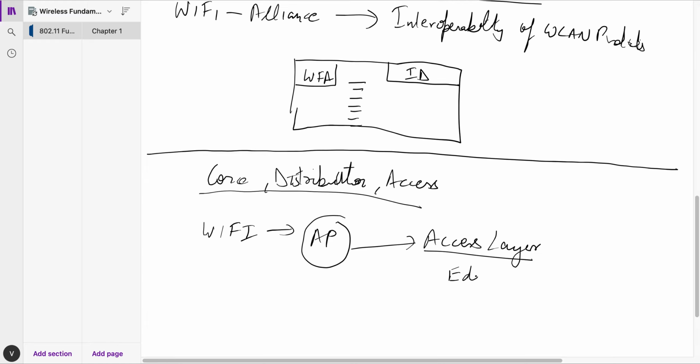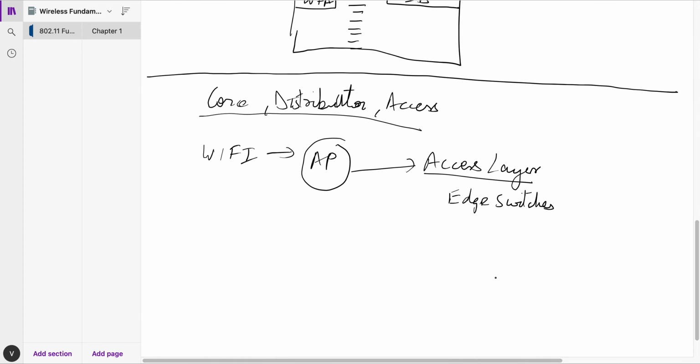Always on the edge switches. This is important because as somebody who deploys a Wi-Fi network, you need to know where to place the access points and why. Okay, now that is quite critical. It won't hurt us if we place it on the distribution, but the access point should be placed on the access layer.